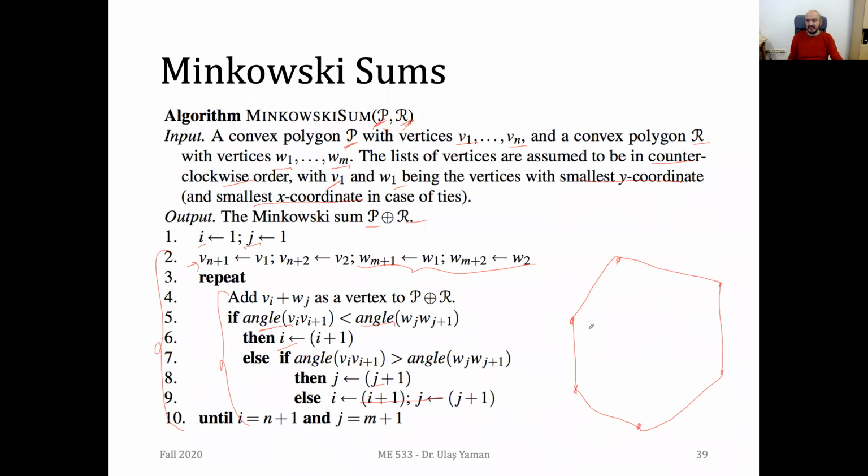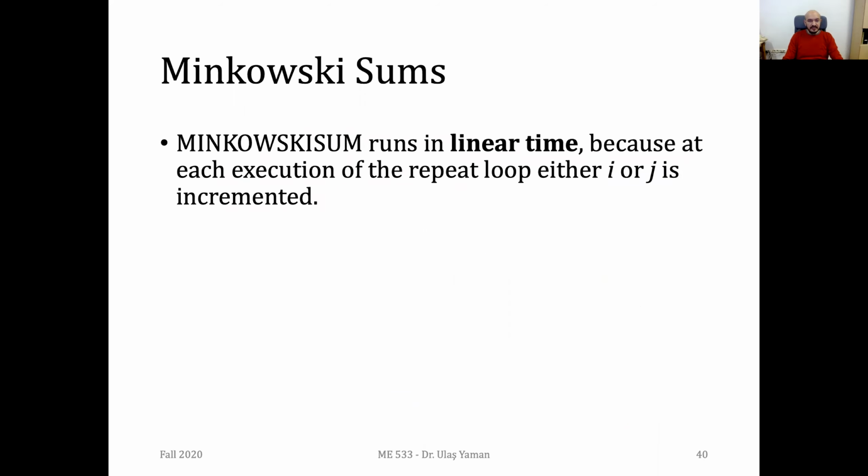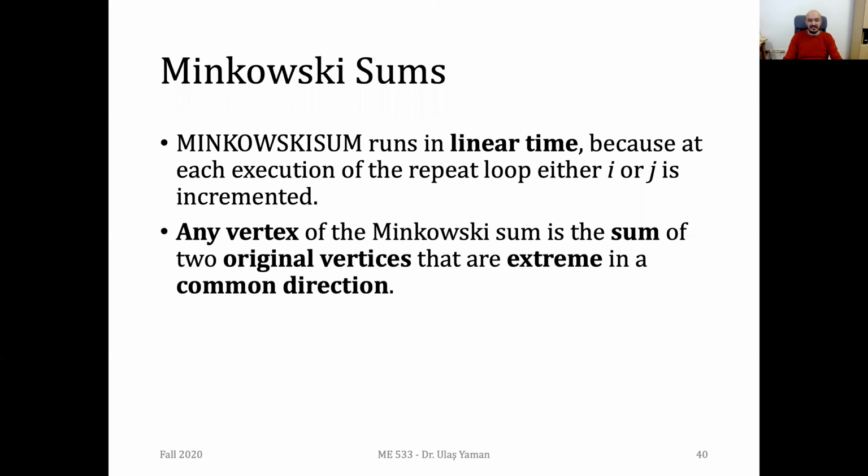That will be the final polygon, the Minkowski sum of P and R. As I said, we have a single loop in which we sometimes increase either I or J. So we can say that in linear time, you can determine the summation of these two objects.